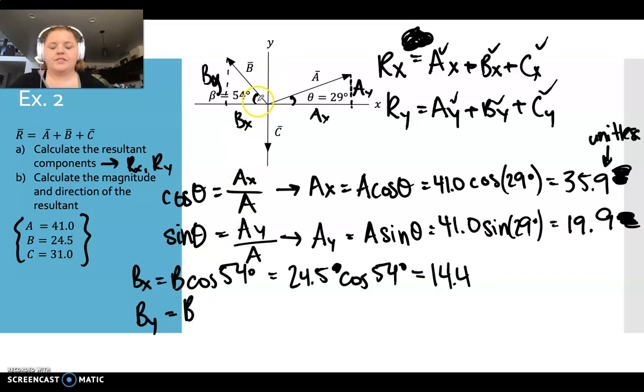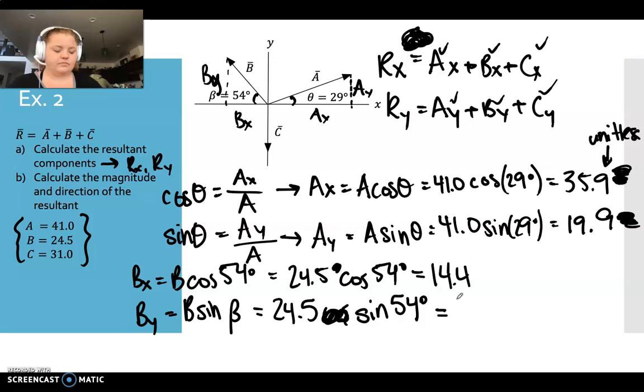B times, this would be opposite, so it's going to be sine of beta. So 24.5 sine of 54 degrees gives me 19.8.